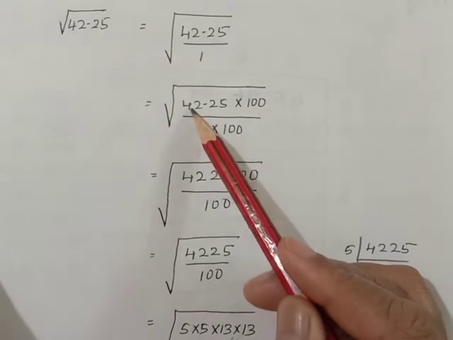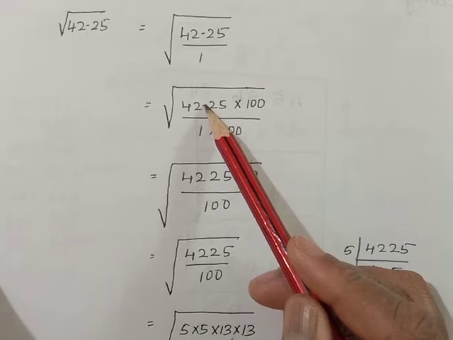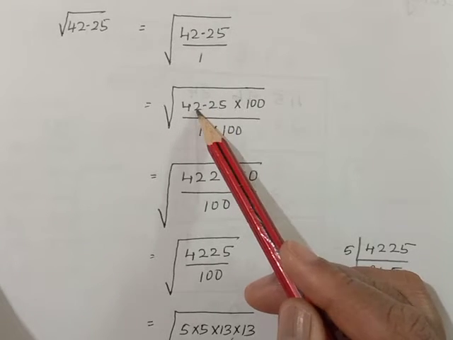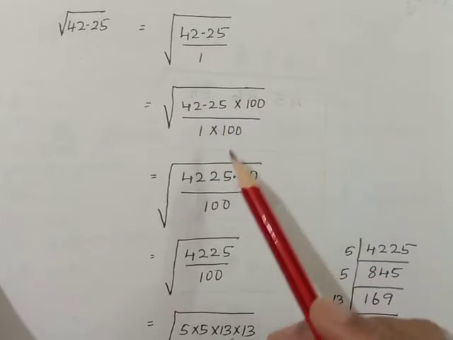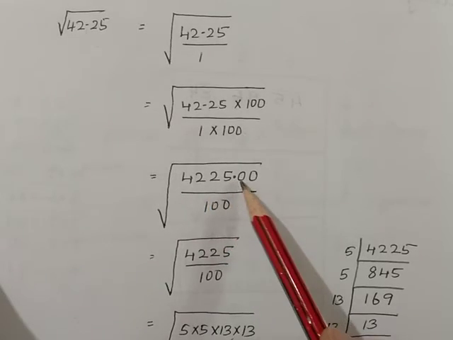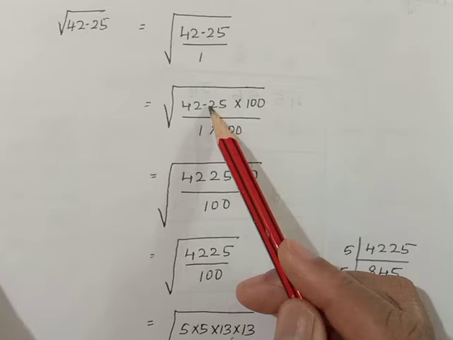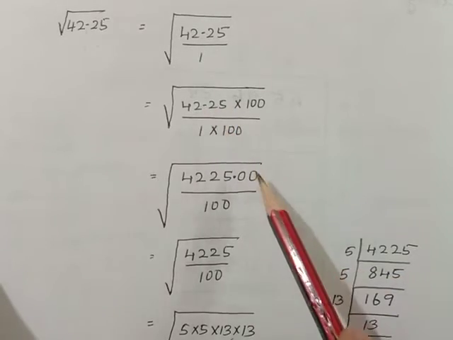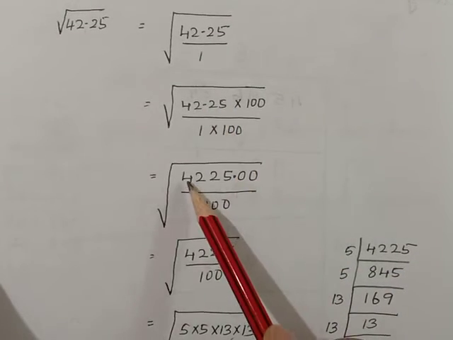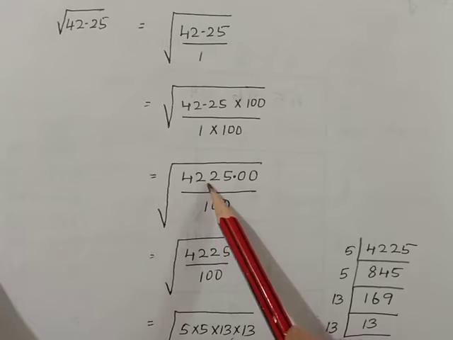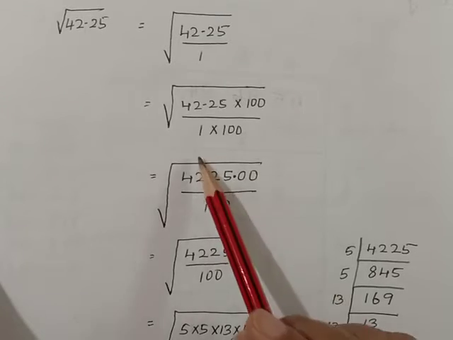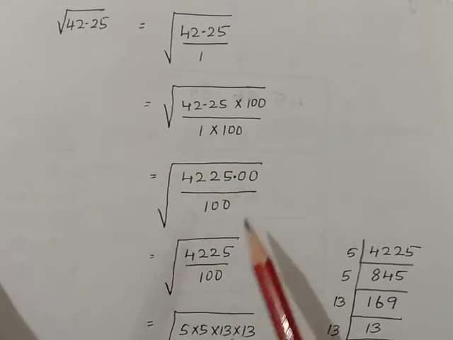Therefore, you don't bother about the decimal point. 4225 into 100 gives you 422500, and later on place the decimal point before two digits. Therefore you will get 4225.00. So 1 into 100 gives you 100.